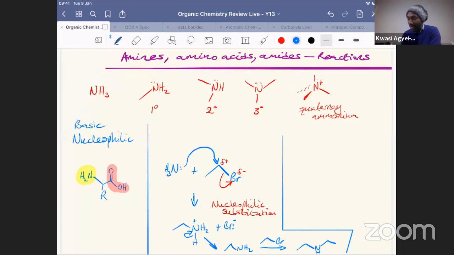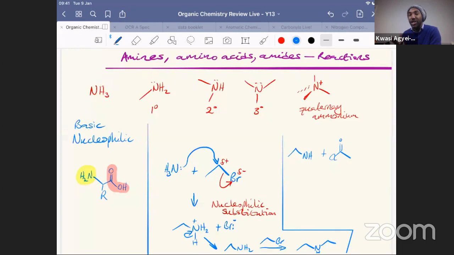So if we consider how an amide is formed, you would need an amine such as ethylamine, and you would need to react it with an acyl chloride, a molecule such as ethanoyl chloride.